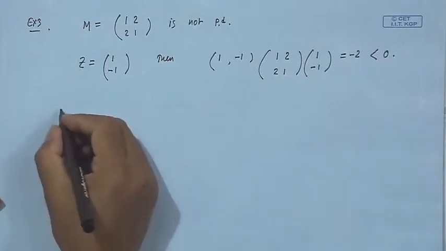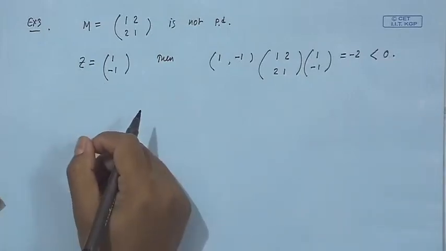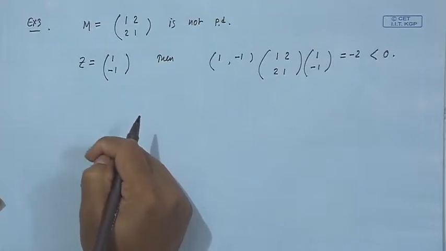So, this is an example of a matrix which is not positive definite.